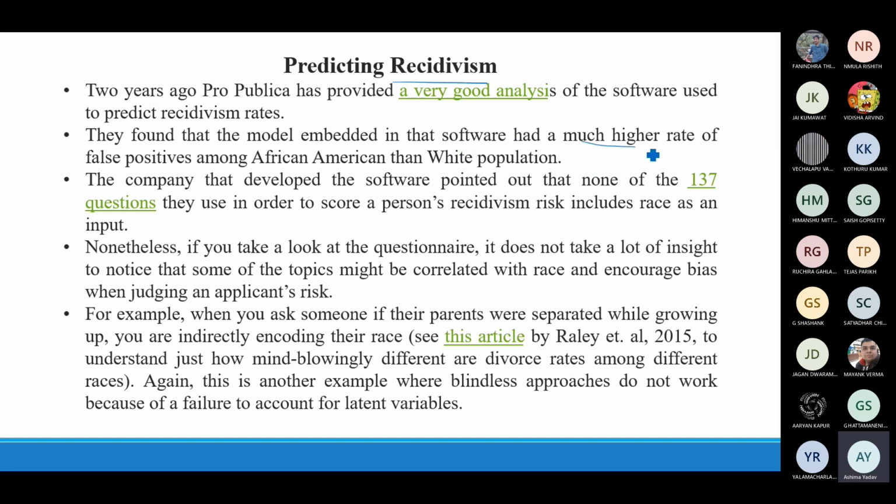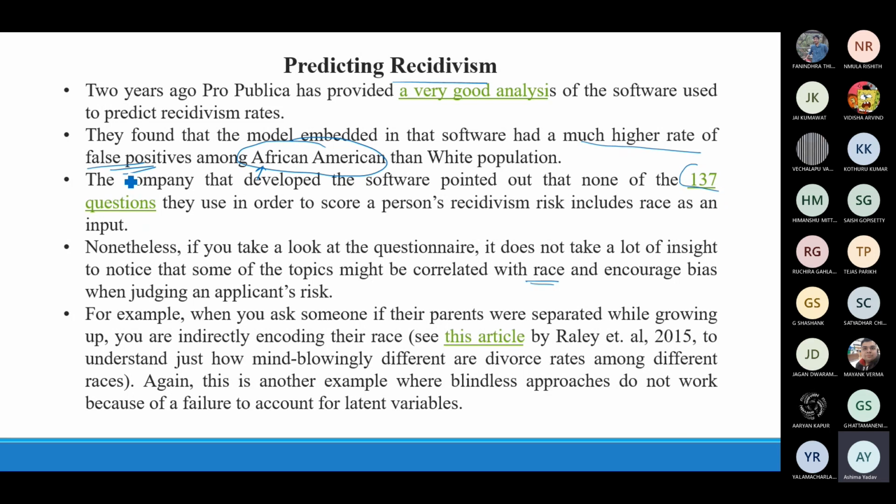Now I see that there is a much higher rate of false positives for African Americans than for the white population. So I saw that maybe my model is biased against African Americans for predicting recidivism. However, when I look at the parameters affecting my model, I did not use any parameter of race.